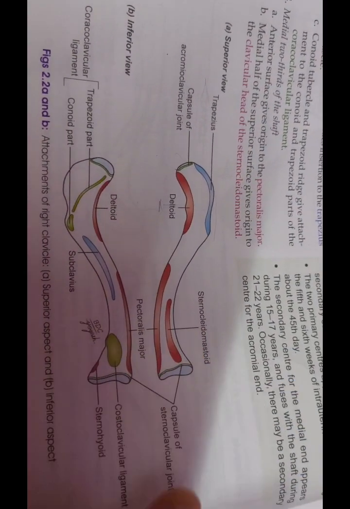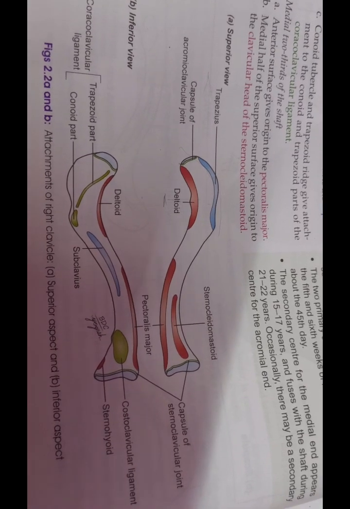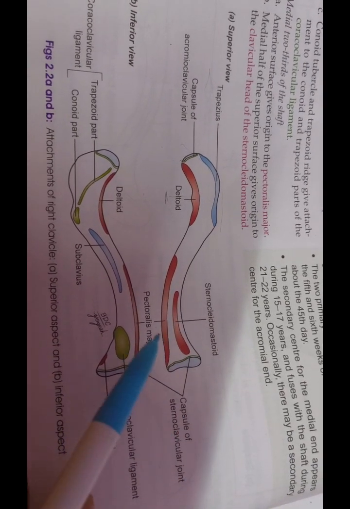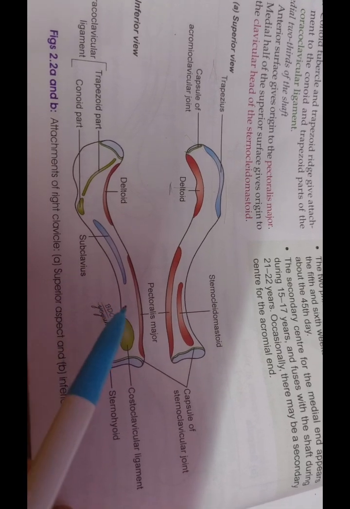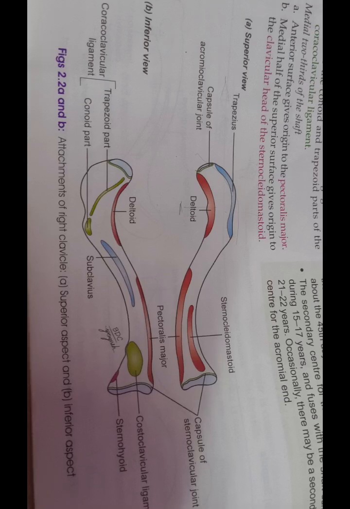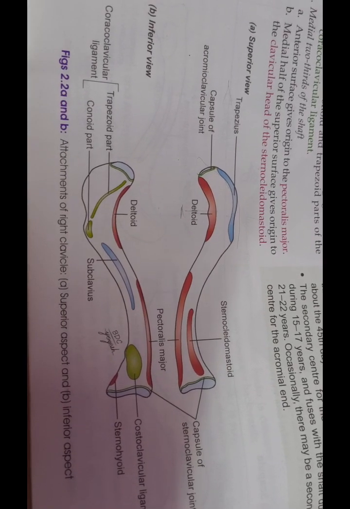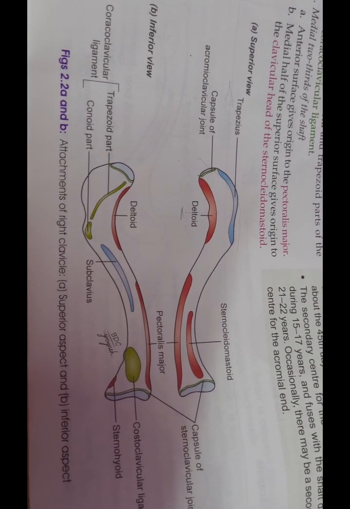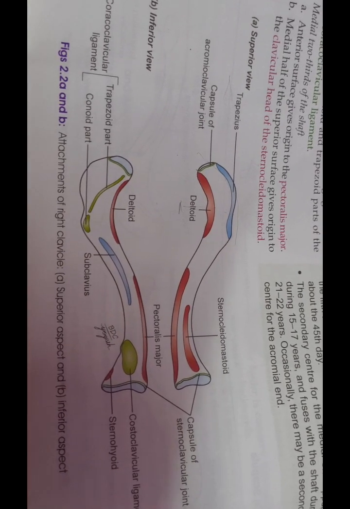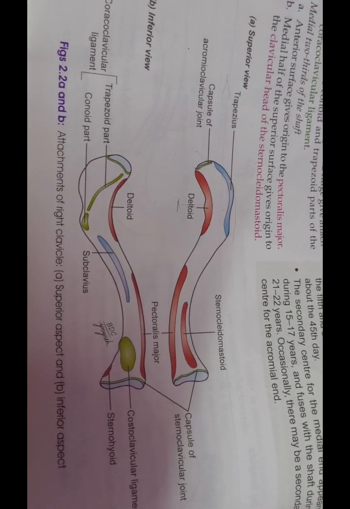Coming to the medial 2/3, it gives both origin and insertions to certain muscles. Here the red shows the origins and the blue colored are the insertions. Medial 2/3 has four surfaces: anterior, posterior, superior and inferior, whereas the lateral 1/3 has only the anterior and posterior borders and superior and inferior surfaces.